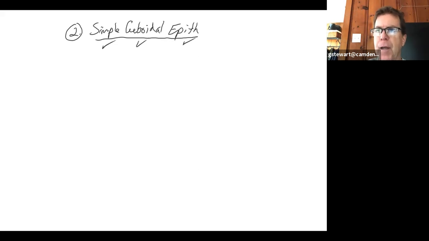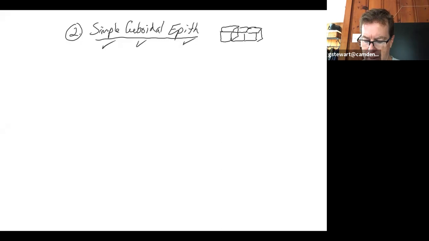So they're box-shaped or cube-shaped cells, so they sort of have a three-dimensional shape. This is an exaggeration. They're not perfect squares, but they kind of look like this. And they would be sort of lined up next to each other. Tissue that looks like this. So it's a single layer.